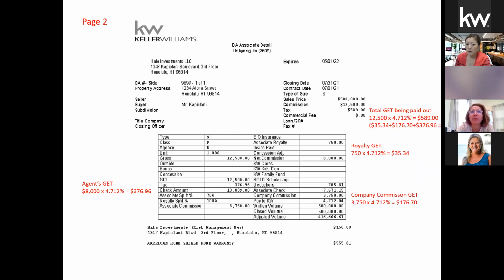But the breakdown of the 3 GETs, I know it gets complicated and looks confusing, but I'll write down in the notes when I send this out that everyone who's being paid on the commissions on your transaction will be receiving GET for their portion, always. So you can't say you're getting $8,000 in commission as an agent, but you want an entire GET, right? It has to be proportionate to your commissions.